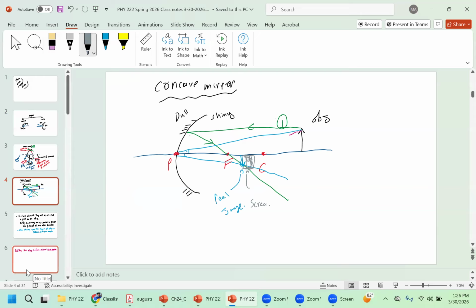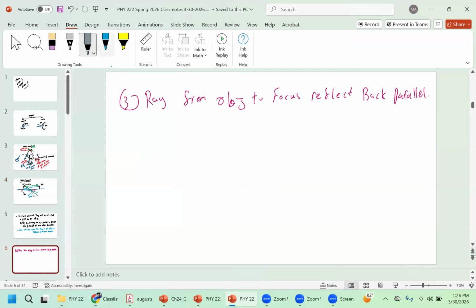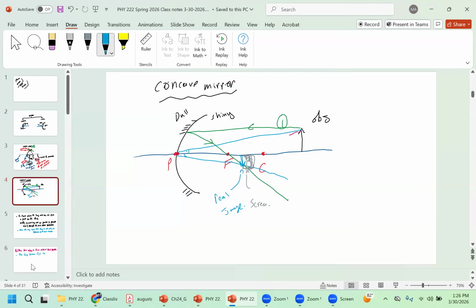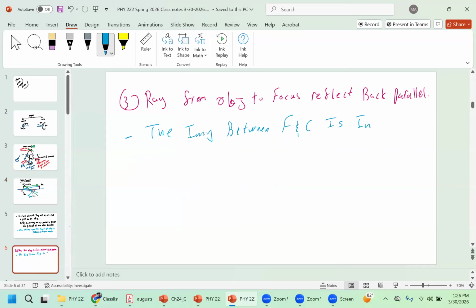Now, let me go ahead and write this down. So the image between F and C is going to be what? If you notice, it's inverted, upside down. Now, why is it inverted?